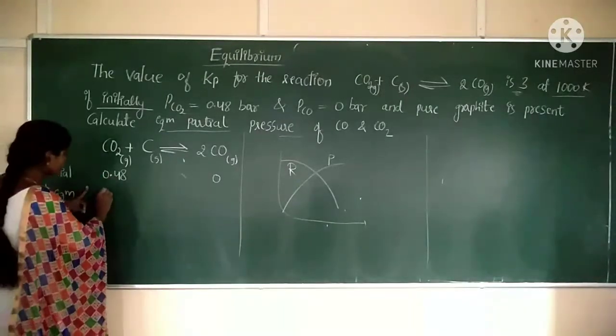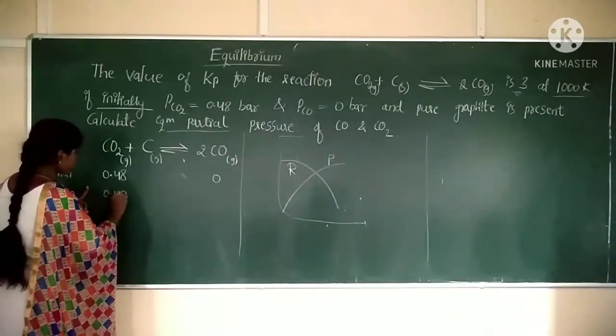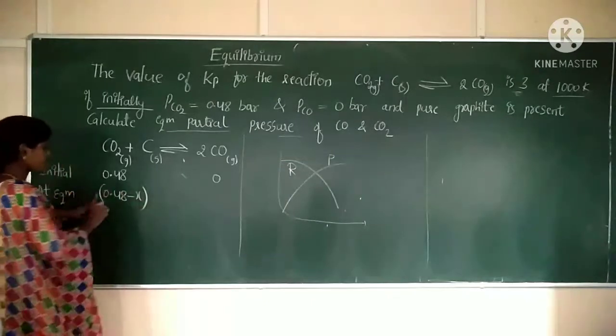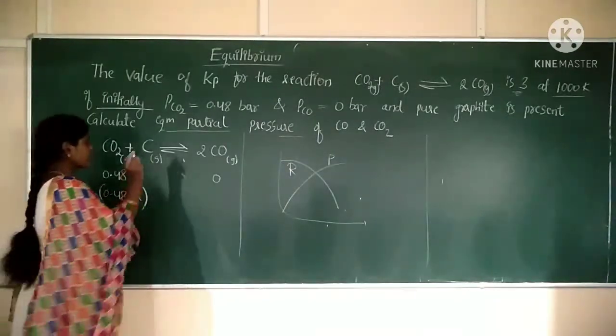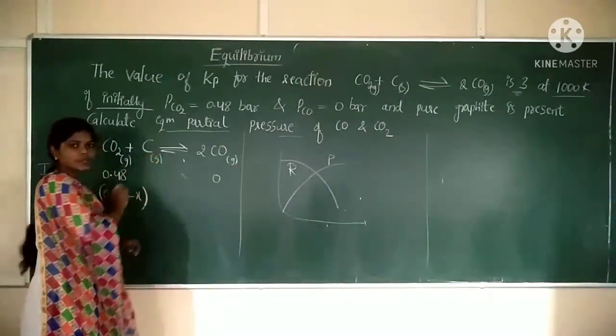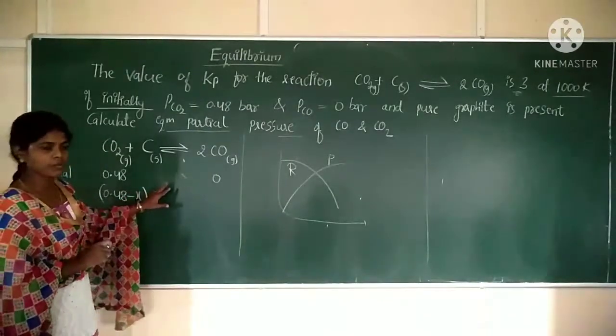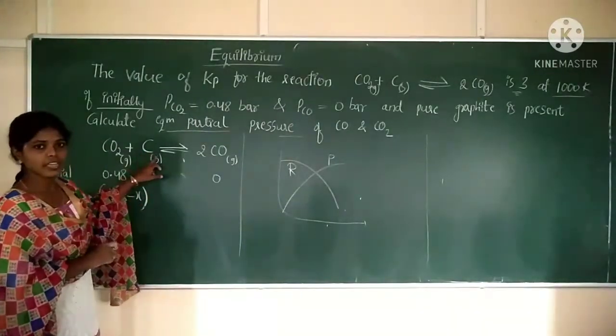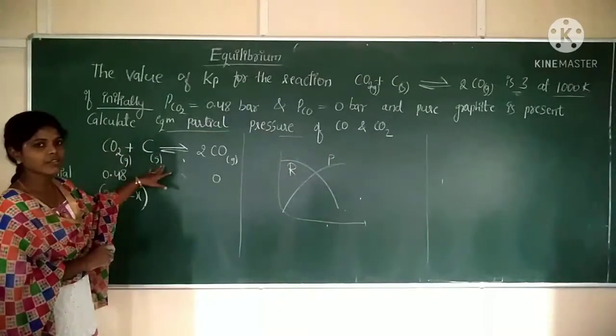The reactant concentration at equilibrium is 0.48 minus x. I am not considering the solid substance because solids do not exert a pressure. So I am neglecting it, or I can take it as 1.